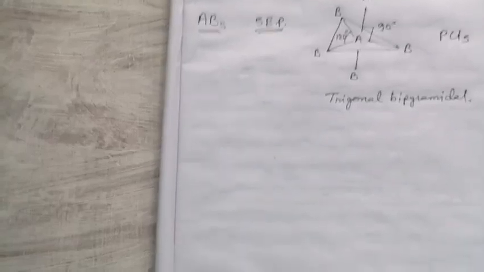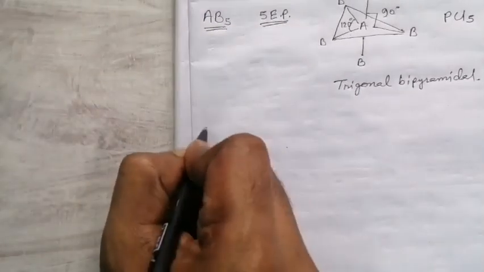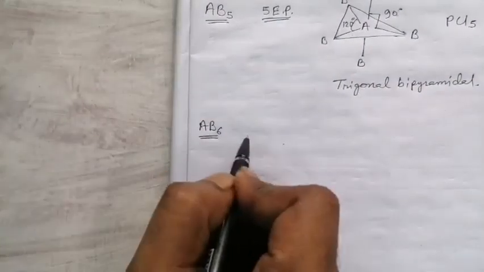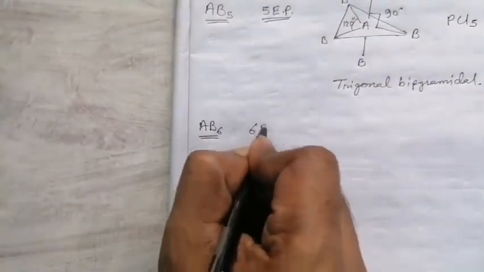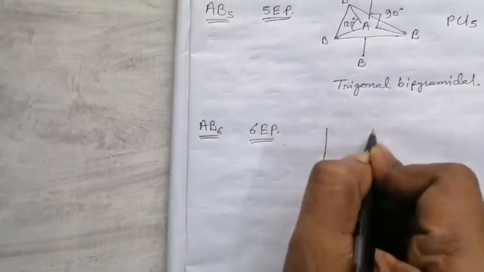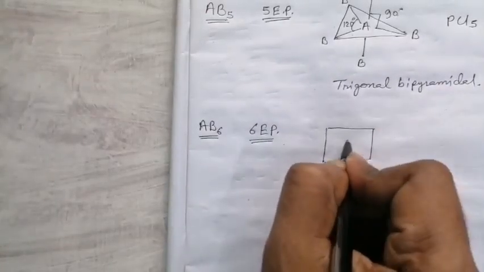Next one, AB6. Now in AB6, the central A atom is having 6 electron pairs. Now the 6 electron pairs can be arranged in a fashion called octahedral.